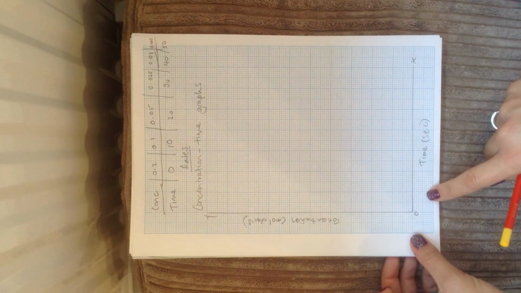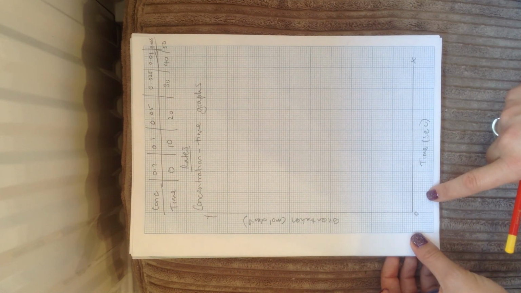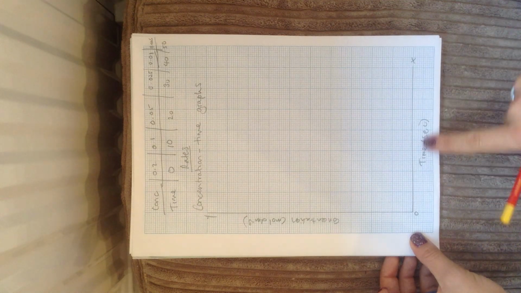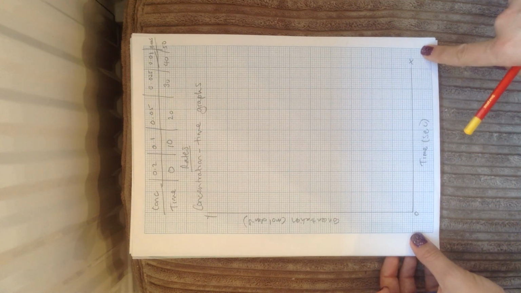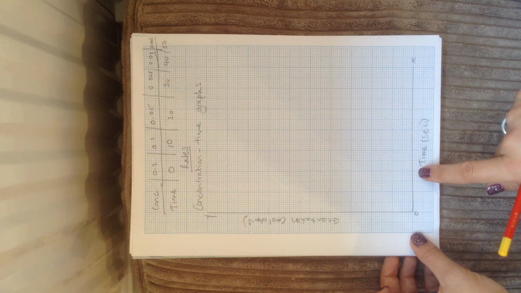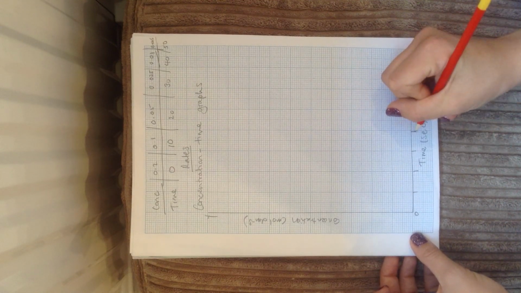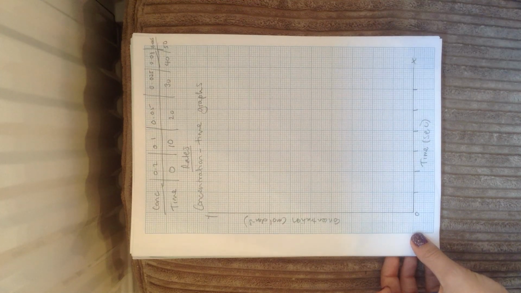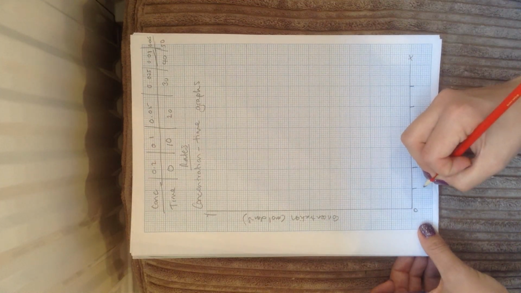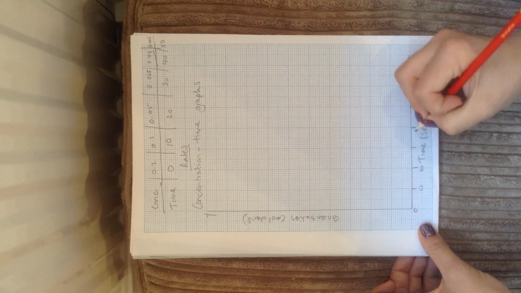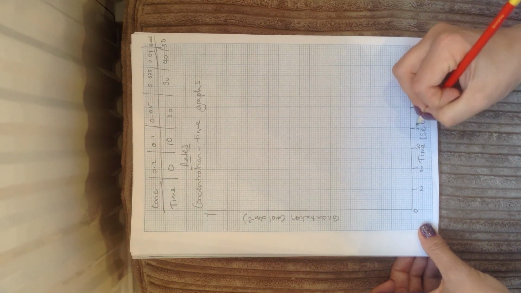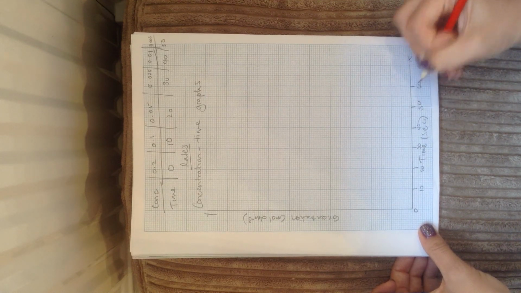So in this instance, I want to go up to 50, and I've got enough squares on the bottom for time to make sure that I can go up to 50 using one big square. So here I'm going to use that as 10, 20, 30, 40, 50, and I'm going to go one more, 60 for good measure.